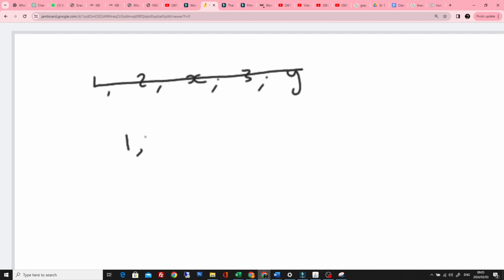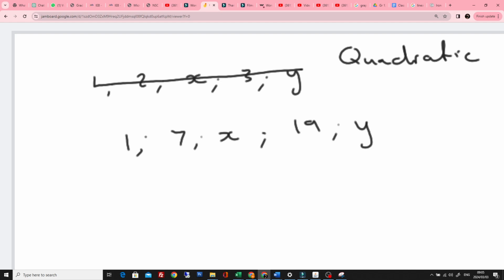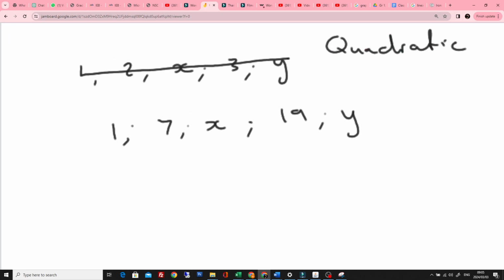Let me use 1, 7, x, 19, y, and they tell us this is quadratic. Okay, so quadratic pattern like this.